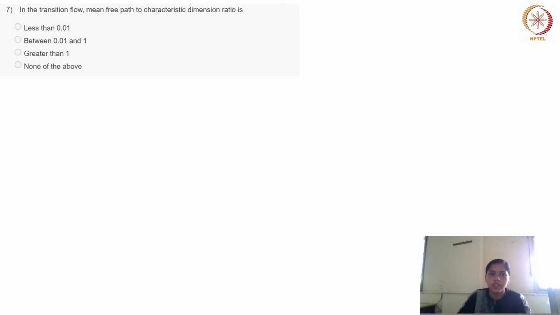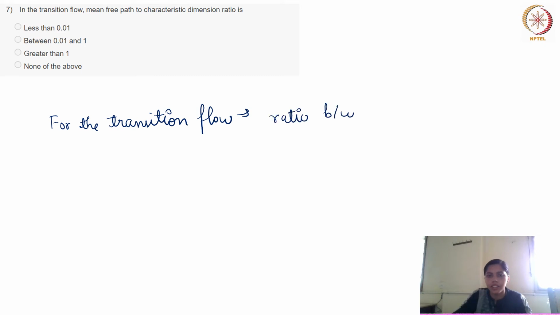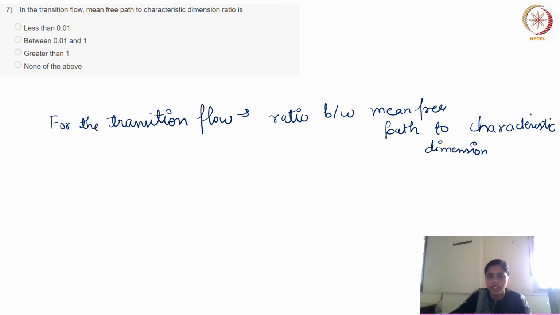Okay. So for the transition flow, the ratio between the mean free path to the characteristic dimension is in between 0.01 and 1.